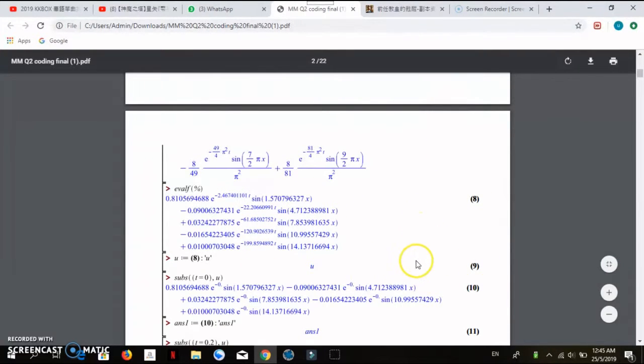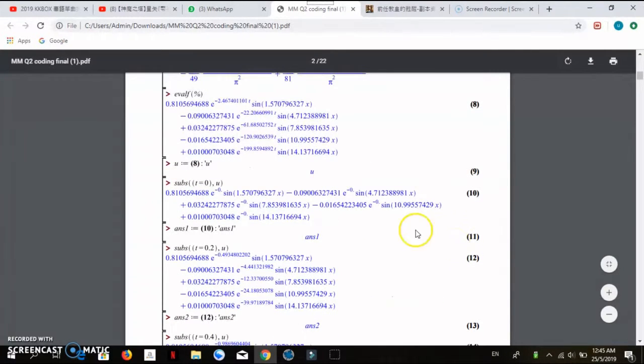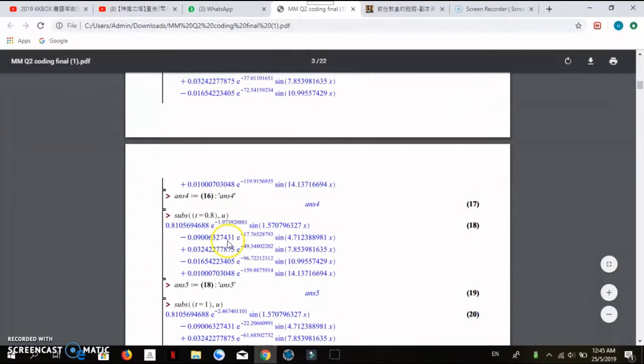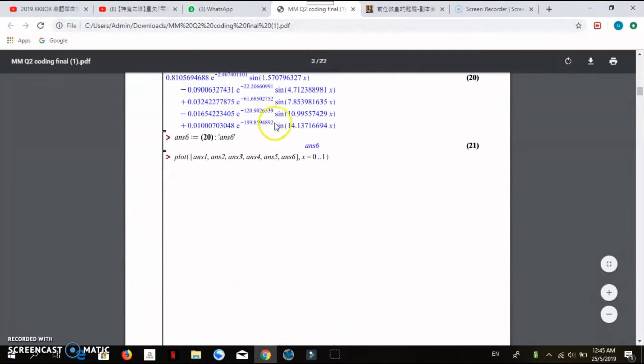Then for 9, we will assign the coefficient of 8. Then we assign the values t equals 0, 0.2, 0.4, 0.6, 0.8 to 1.0. The answers will be represented by answer 1, 2, 3, answer 4, answer 5, and answer 6.